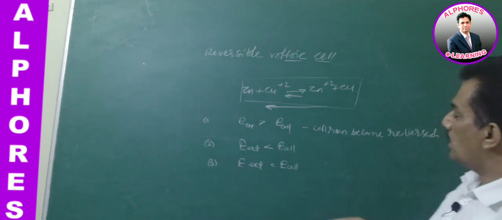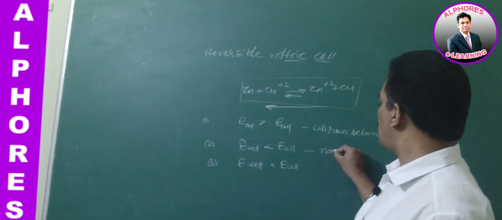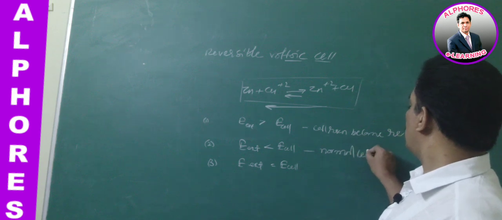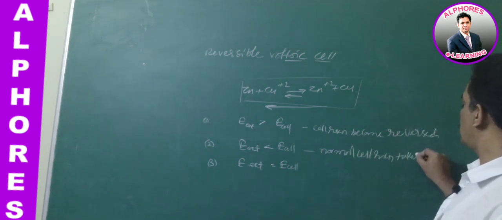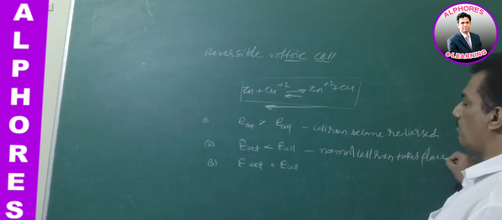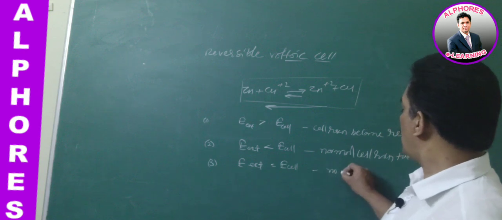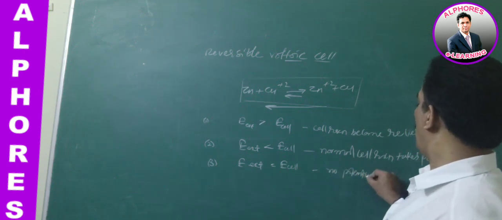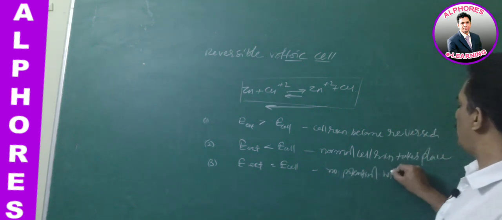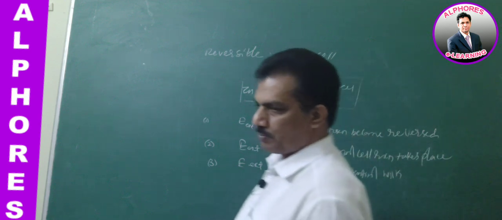In case E external is less than E cell, then the normal cell reaction takes place. Just remember, if the two become equal, no current or no potential will develop. It establishes an equilibrium between these two.